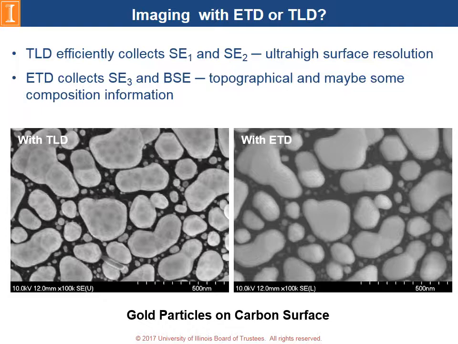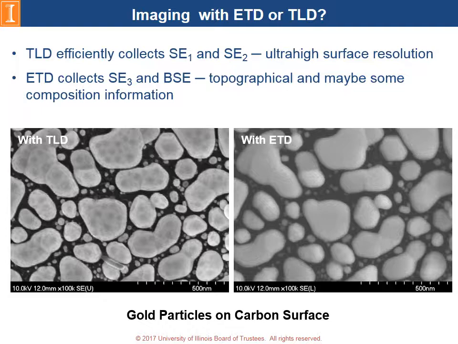We can see that the image taken with TLD gives more surface details, since SE1 carries the highest spatial resolution information. And these details are not visible in the image taken by ETD. Also, the image from ETD usually carries more material contrast information than the image taken by TLD, due to a much higher percentage of backscattered electron collection.